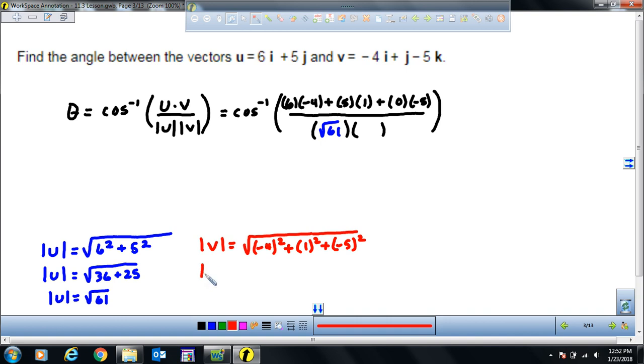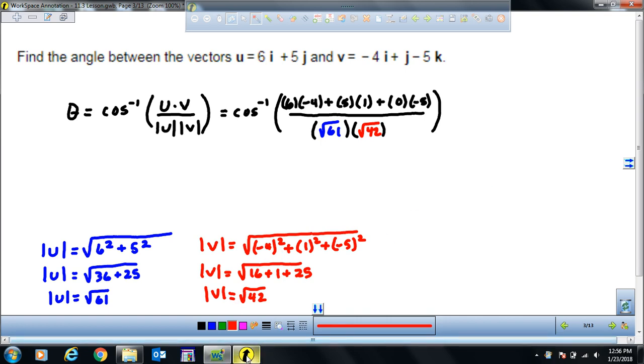Then we're going to get 16 plus 1 plus 25, so that would be 42. So the magnitude of v equals the square root of 42, and 42 still cannot be factored or simplified, so we're going to leave it as the square root of 42.